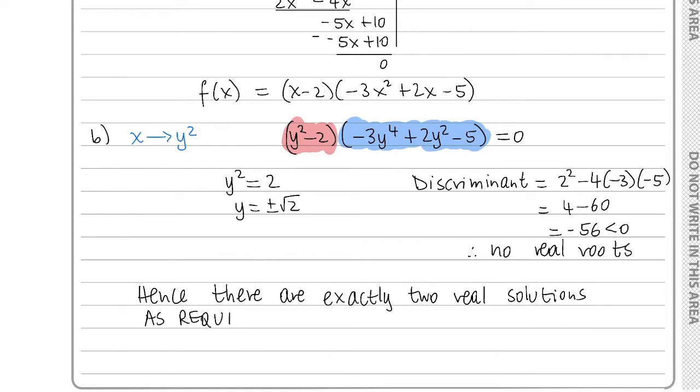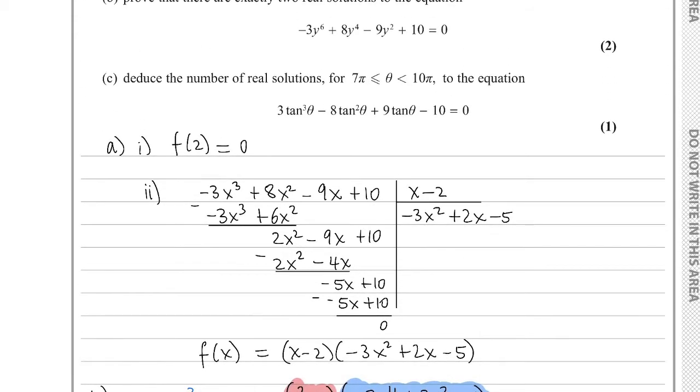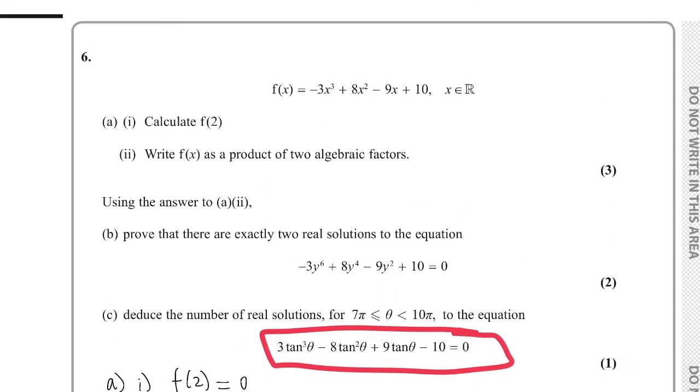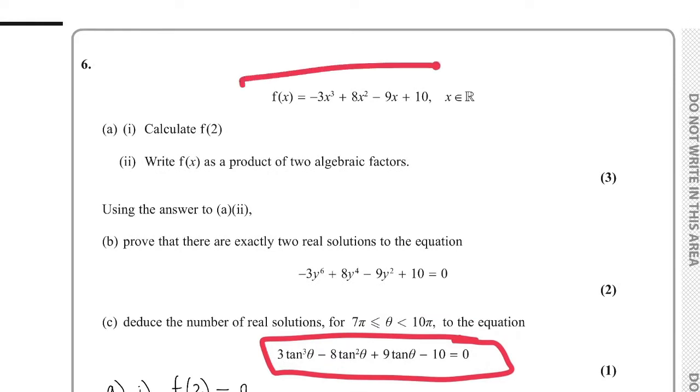Whenever it's a show that, it's a good idea to finish off with a conclusion, even if that means repeating what the question is actually telling you to do. And then for just a mark, we need to deduce the number of real solutions to this equation. Now, we now know that this equation that involves tan theta is just the original one f of x, with x replaced with tan theta.